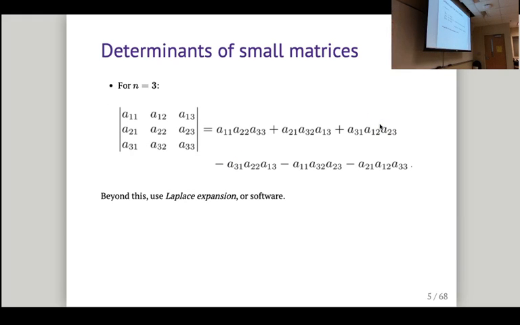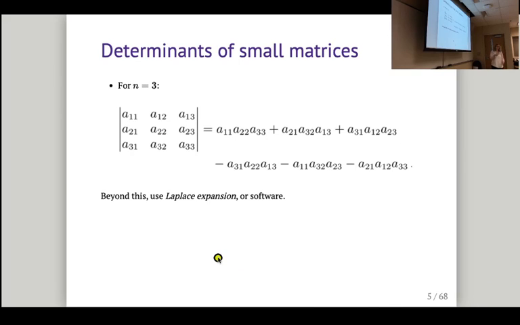For a 3 by 3 matrix, we have something similar. We're adding and subtracting products along diagonals. So we add the product of the main diagonal. This second term here, A21, A32, A13, represents the first off diagonal, and then the second, and so on and so on.